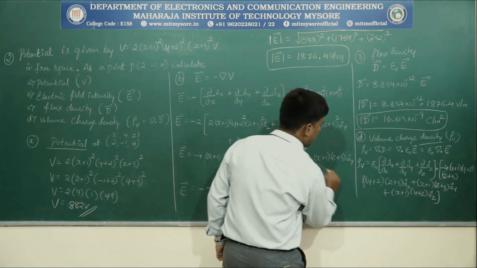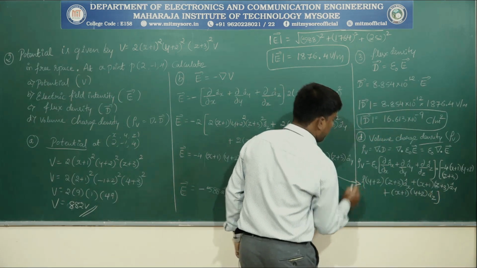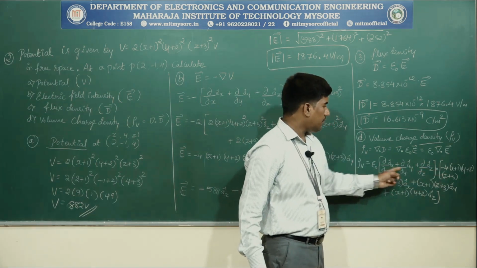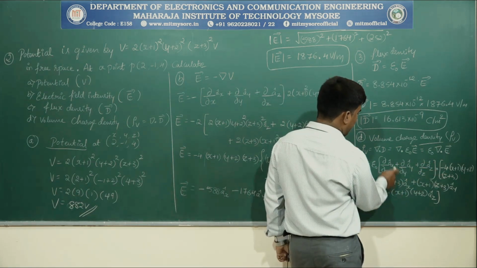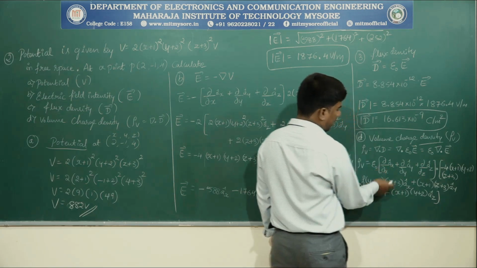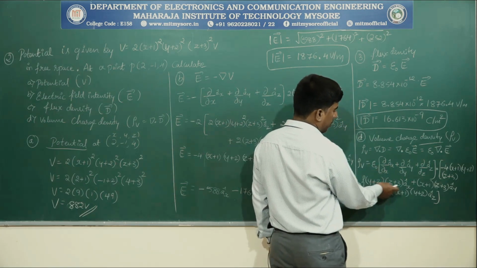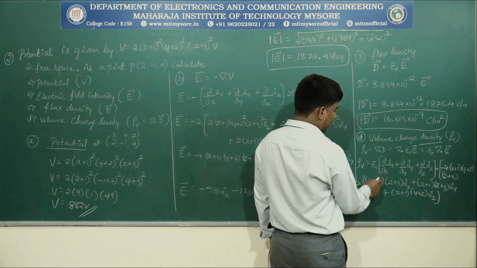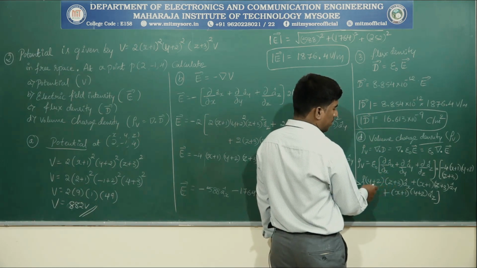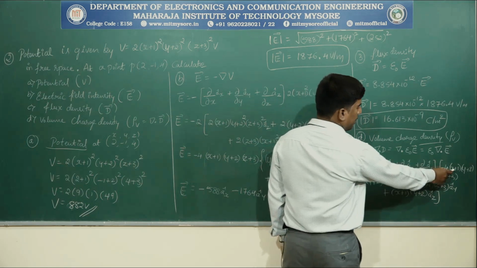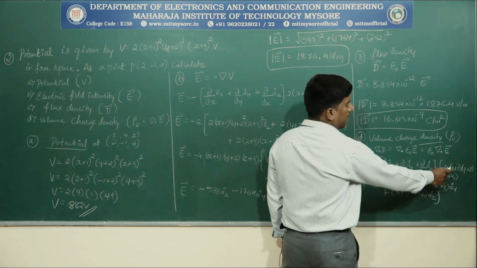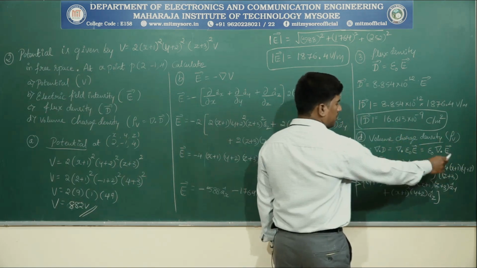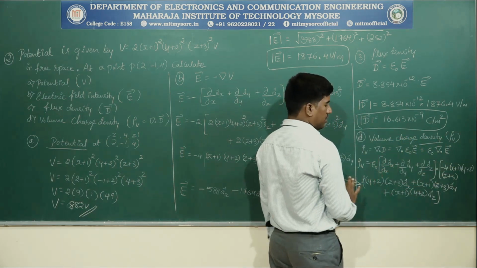See, this term has been shifted here. On taking the dot product between these two, look at this. If I take the dot product between these two, a_x into a_x is equal to 1. ∂/∂x of the x component: since we have x component here, (x+1), the differentiation of (x+1) is 1, and the rest of the components remain as they are.